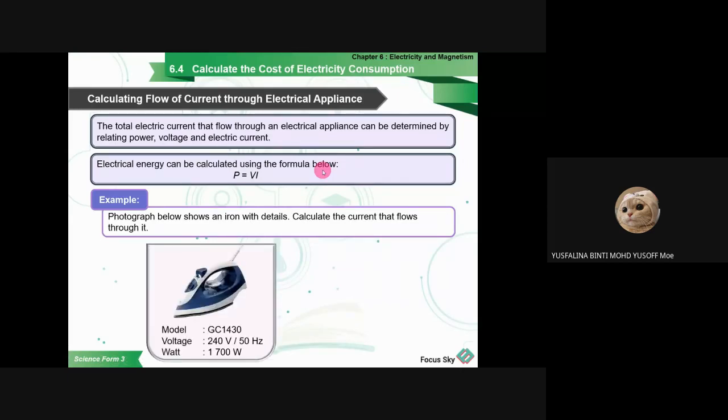This is the iron, and they give you the voltage and the watt here. So P equals VI. The power is already given as 1700, and the voltage is 240.